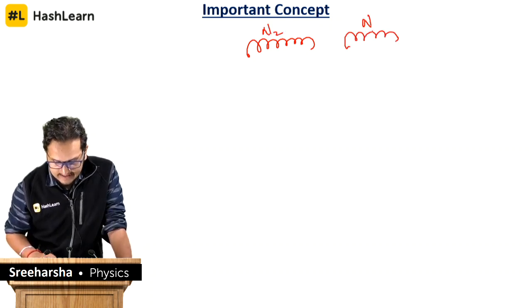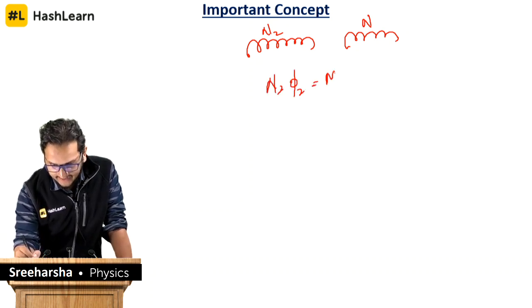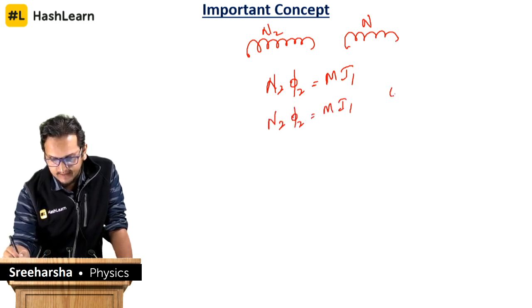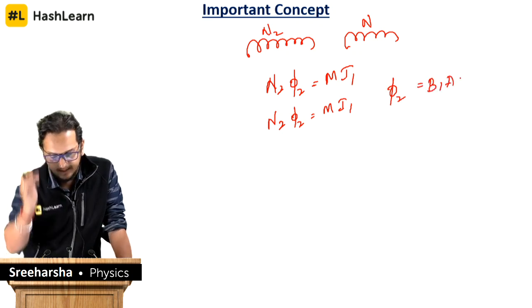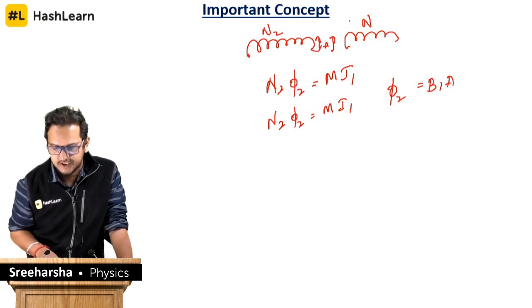So N2 phi 2 is equal to M times I1, where flux 2 is equal to B1 times A, assuming both have the same area of cross section.